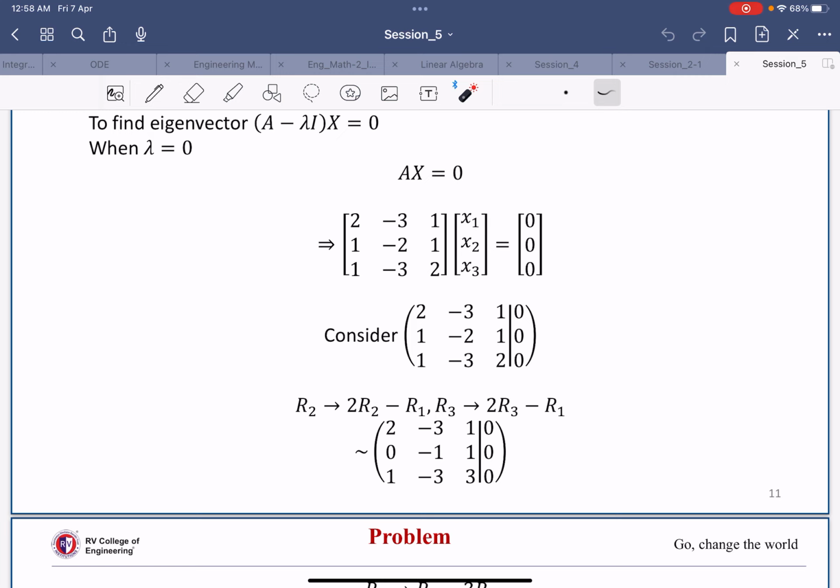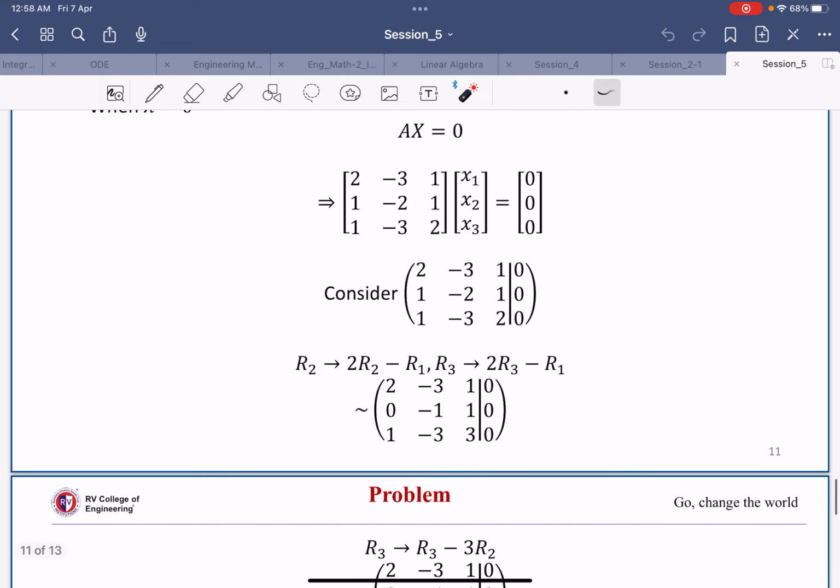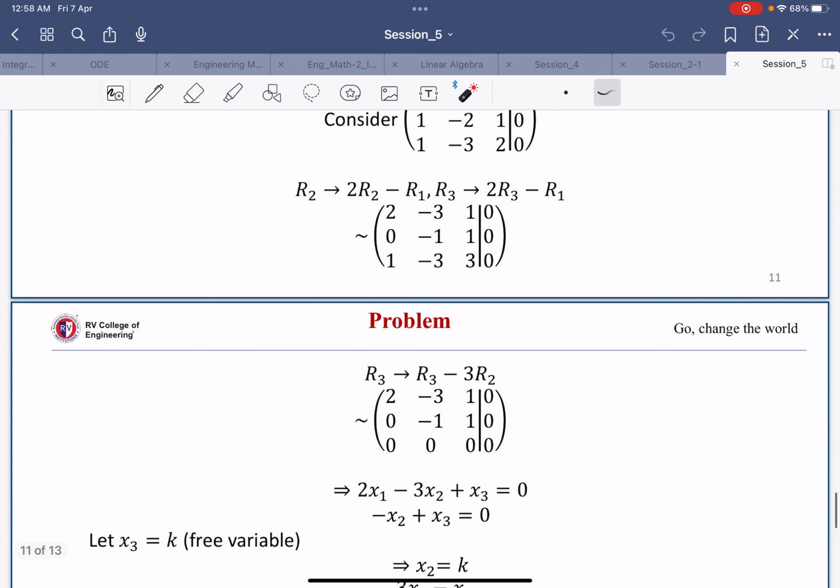So we know the leading entry is 2 in the first row, right? And this particular element is made 0 by using this transformation, and we got this 0, and R3 is 2 times R3 minus R1, so we get this particular entry, and the third row is completely made 0 using this transformation R3 minus 3R2.